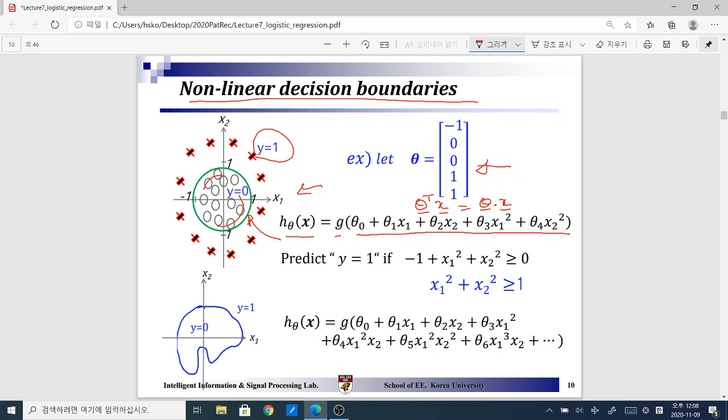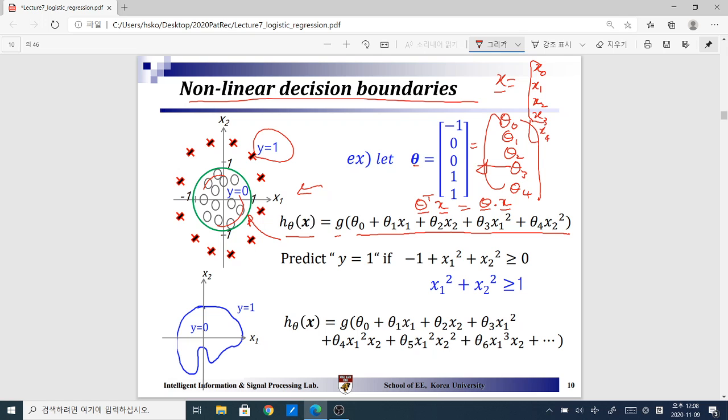It's not just x1, x2, but these parameters would be theta 0, theta 1, theta 2, theta 3, and theta 4. So we have 5 elements in the parameter vector theta, whereas the x vector would be x0, x1, x2, x3, x4, right?